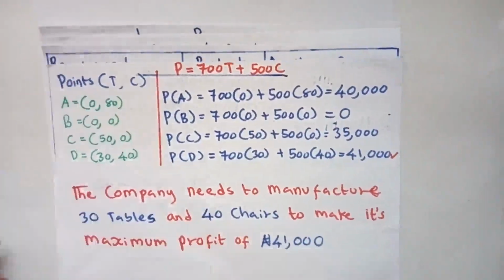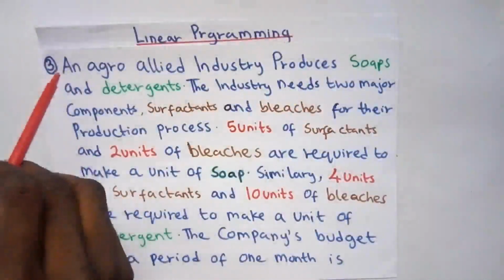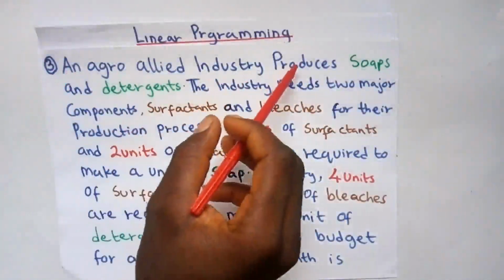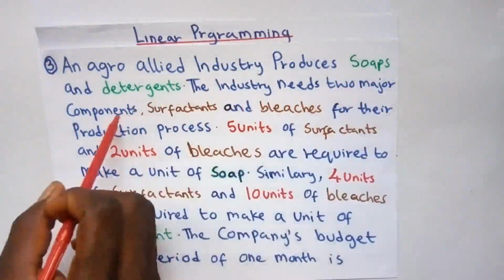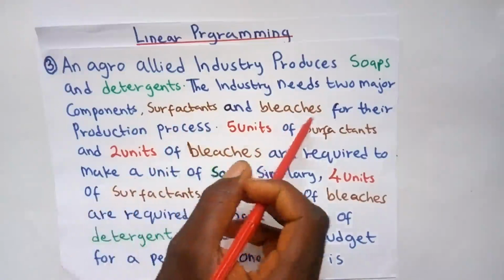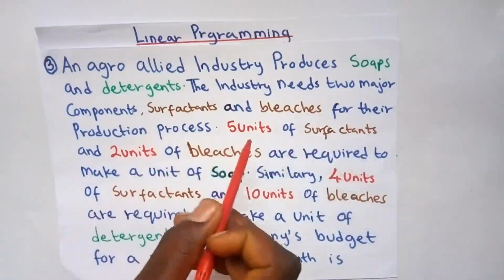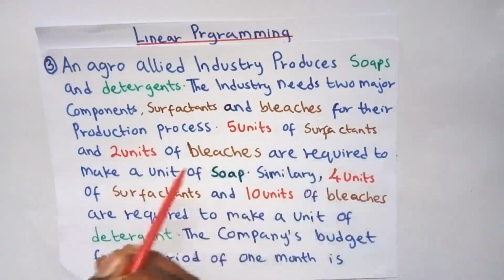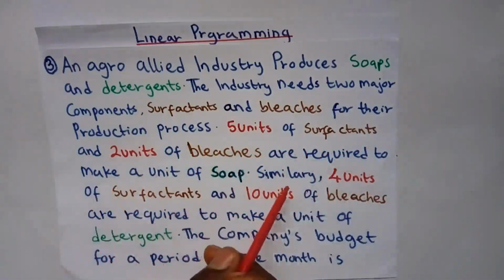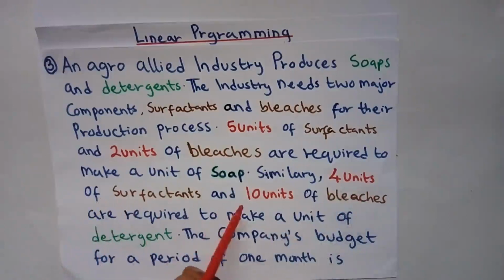Let's take the last example. Example 3. An agro-allied industry produces soaps and detergents. The industry needs two major components, surfactants and bleaches, for their production process. 5 units of surfactants and 2 units of bleaches are required to make a unit of soap. Similarly, 4 units of surfactants and 10 units of bleaches are required to make a unit of detergent.